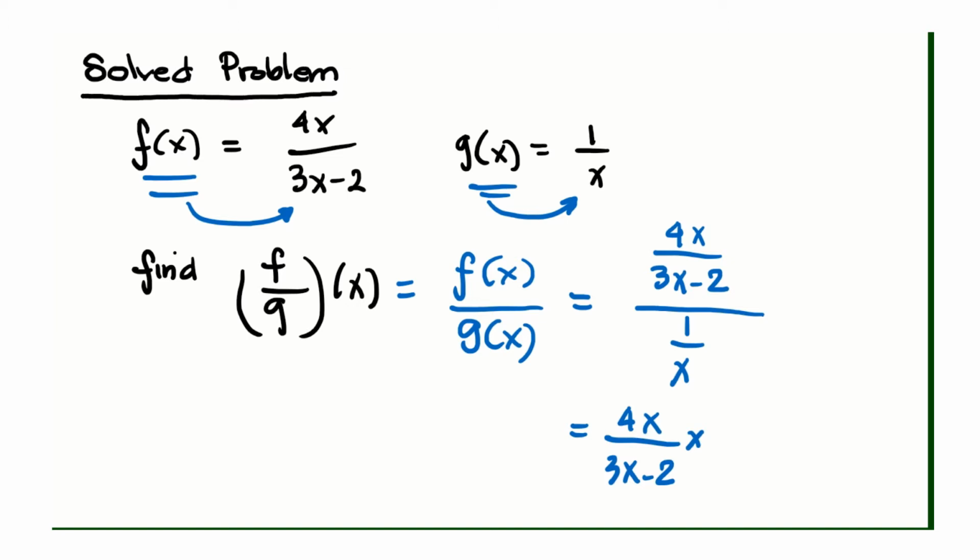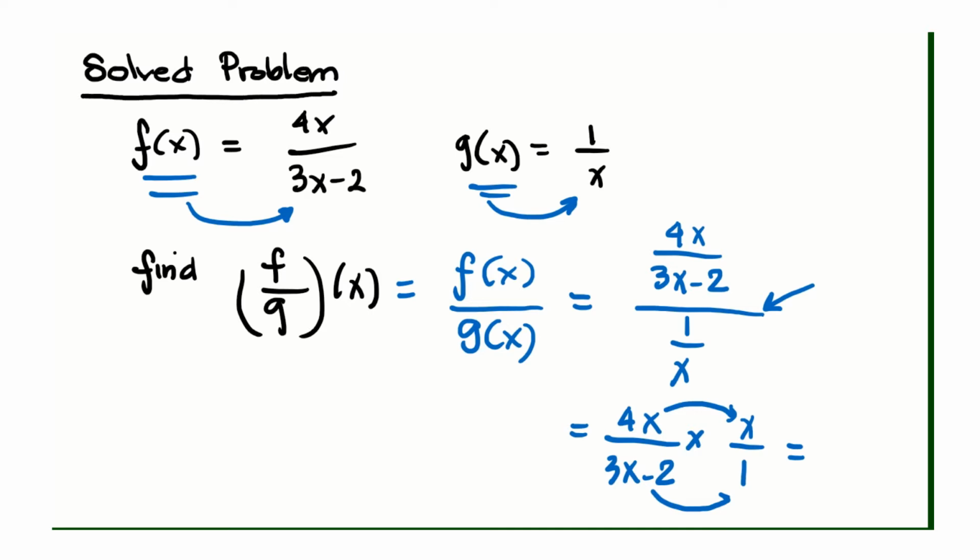When you perform division, fraction by fraction, you multiply the numerator by the reciprocal of the denominator, and that is x over 1. So from division to multiplication of the reciprocal, we multiply numerator to numerator and denominator to denominator.